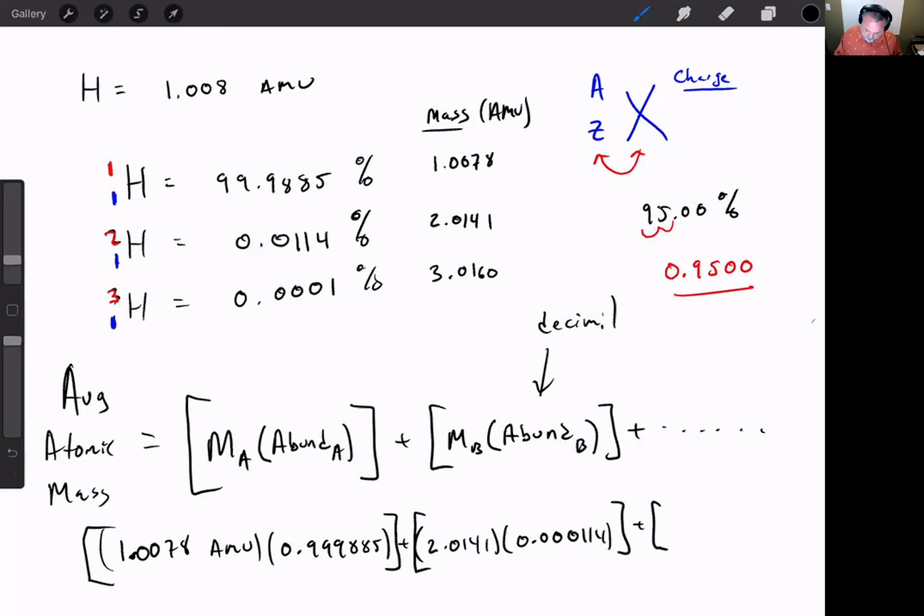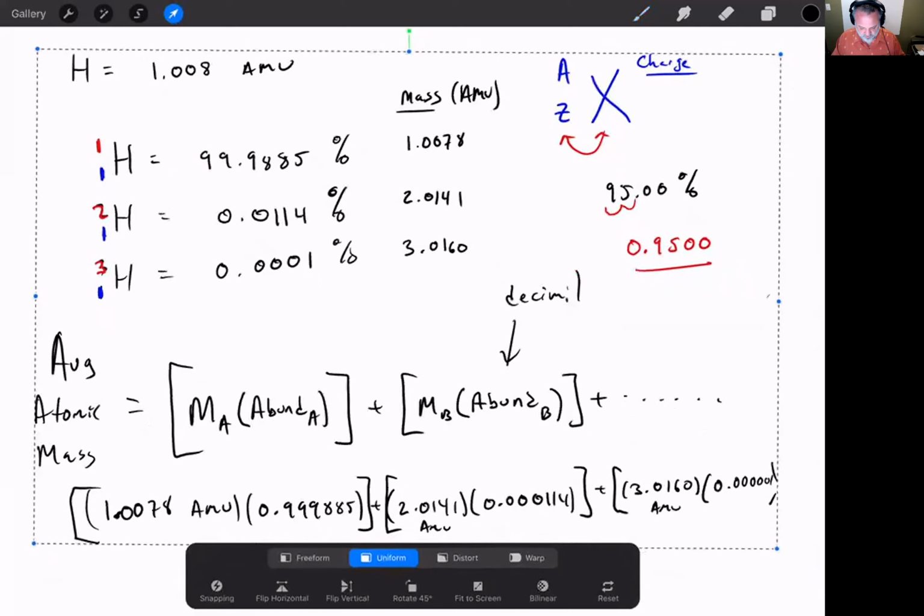And let's do the third one. It's 3.0160 times 0.000001. All right, so now what we need to do is just get out a calculator and figure out what all these terms equal.